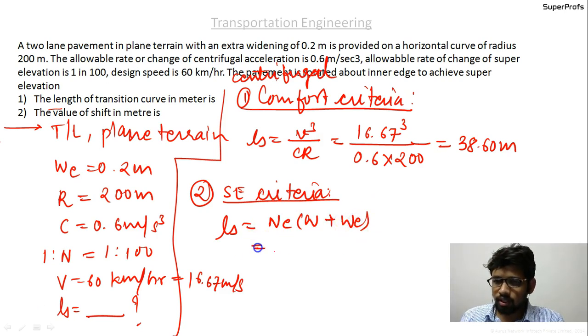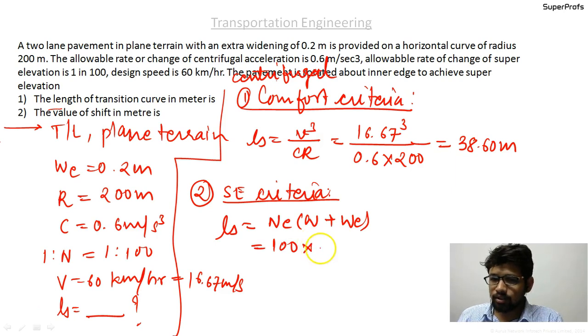Here the N value is given as 100, into the small e value, which is unknown, into W, the width of the pavement, which is 7.5 meters since it is a two-lane road, and the extra widening is given to be 0.2 meter, but the e value is not known.